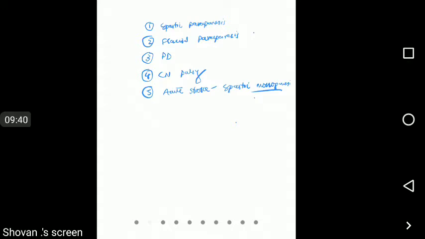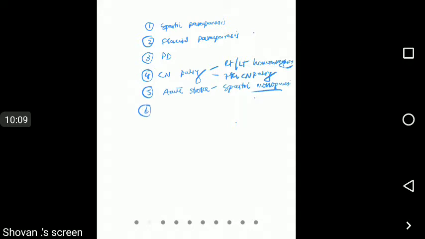In case of cranial nerve palsy, most of the time we will find homonymous hemianopia, right or left. Very rarely we will find seventh cranial nerve palsy.